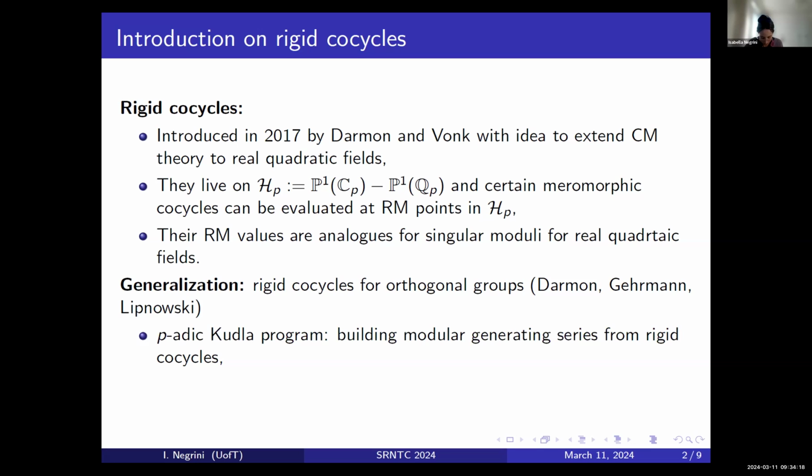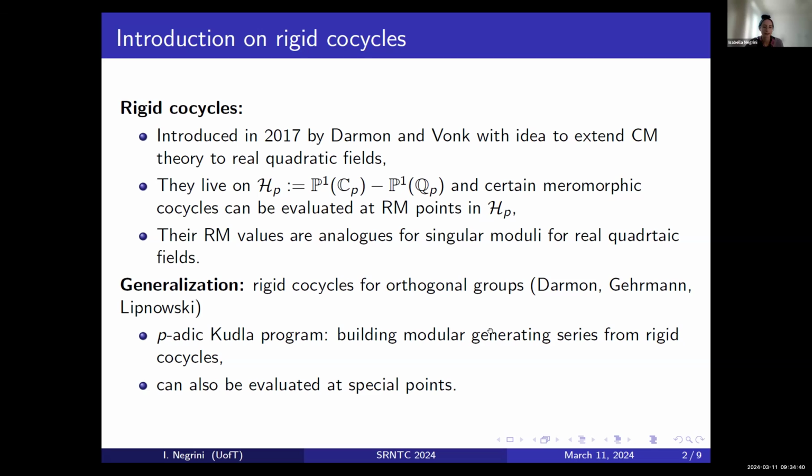And in this paper, they initiate the so-called p-adic Kudla program, which has 2 aspects. One is building modular generating series from rigid cocycles, and the second aspect is evaluating these cocycles at certain points.